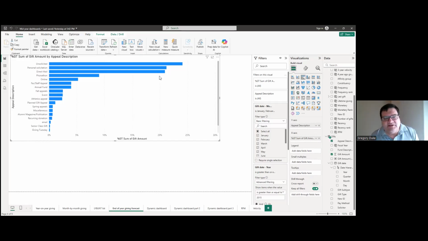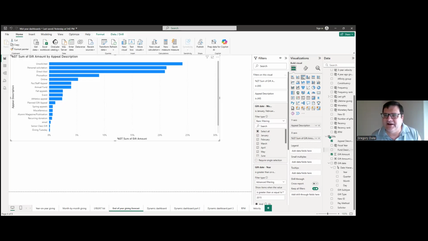So this can tell you, and let me see if there's, so unsolicited, that's true. Unsolicited could be a memory or honor gift. And unfortunately, when I anonymized, I removed that from the fund description. But one thing we can do is remove capital gifts.